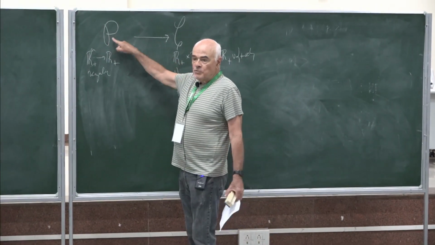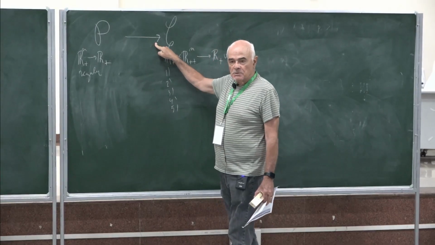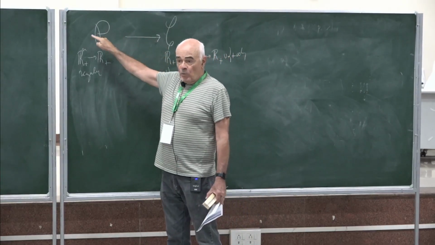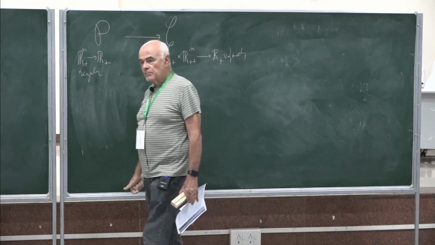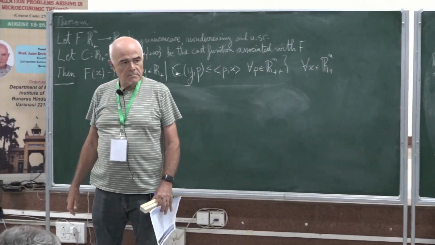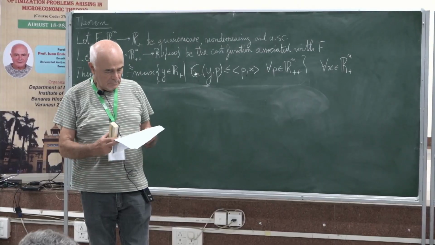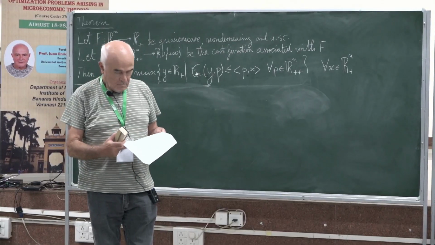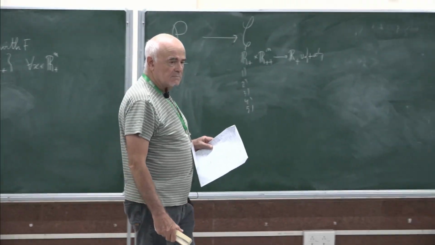From here we move to there just by defining the cost function. But we can go back by this formula. So this is a bijection. Okay. I think it's a beautiful result.